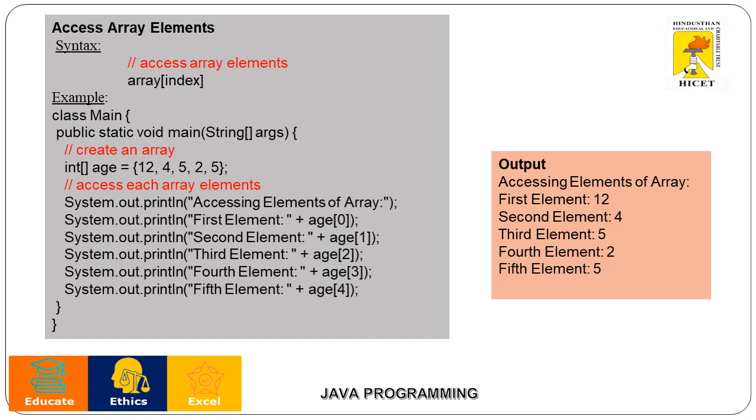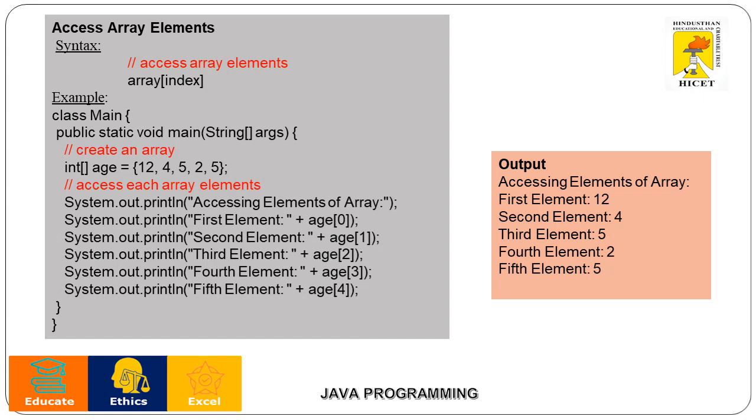And in the program, the second line system.out.println first element plus age of 0. So this will print the value of the first element of the age array, that is the value stored in the index 0. So in the output, first element 12, and next system.out.println second element age of 1.